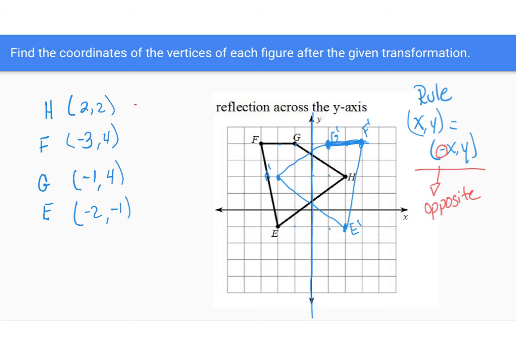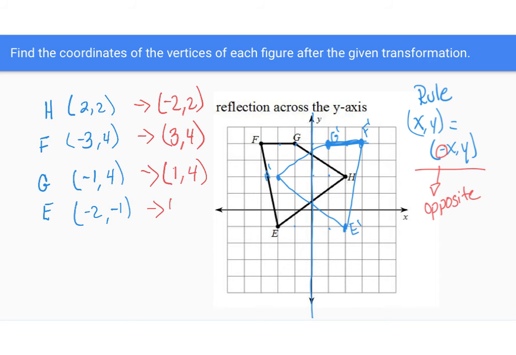So my new ordered pairs would be opposite x, so negative 2, y stays the same. Opposite 3, negative 3, so positive 3, y stays the same. Opposite negative 1, so positive 1, y stays the same.